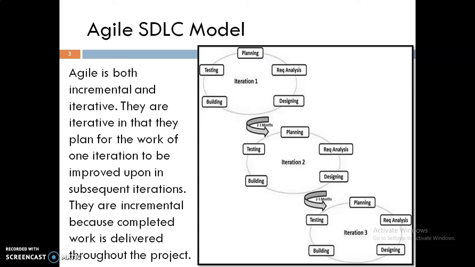Also, this is nothing but following the incremental approach. Gradually, these iterations increase the number of functionalities, and increments are added into these iterations. This process gradually completes the software development activity when all the requirements are fulfilled. Then we can say that the software is completed.